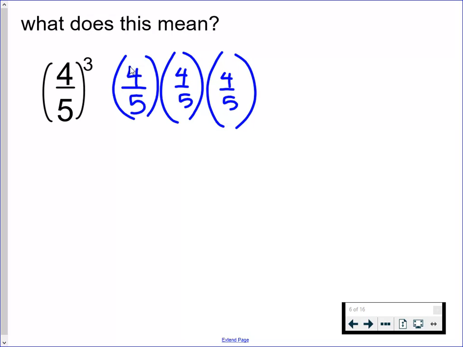Stretch it out. I stretched it out. How do I multiply fractions? Straight across the top, straight across the bottom. 4 times 4 times 4, 5 times 5 times 5.